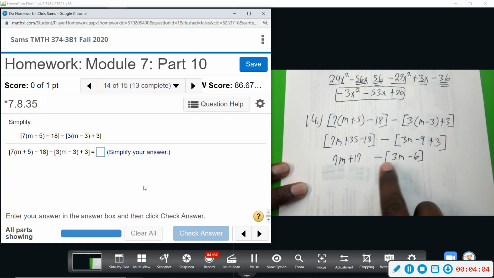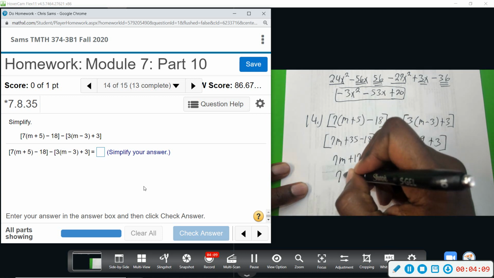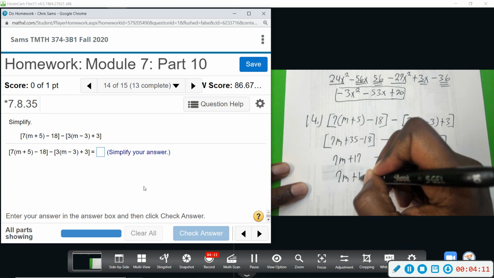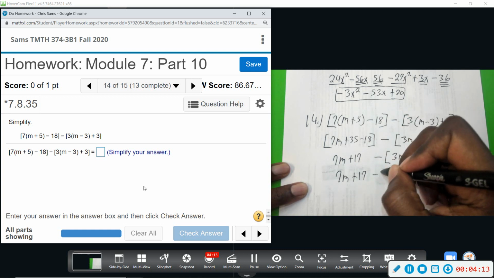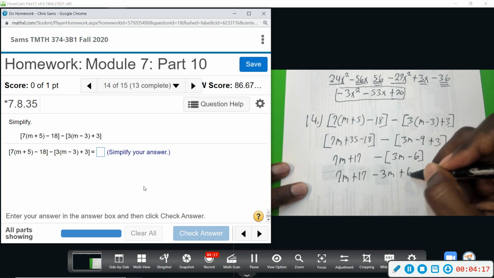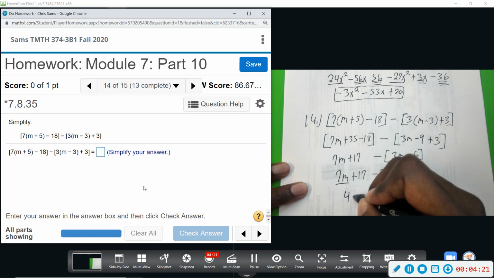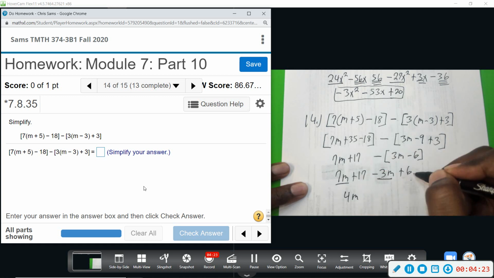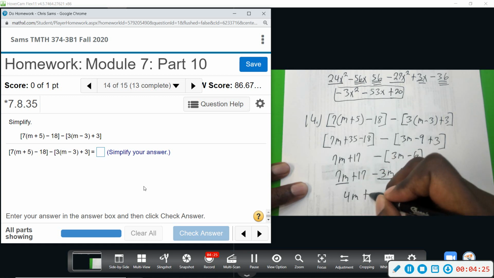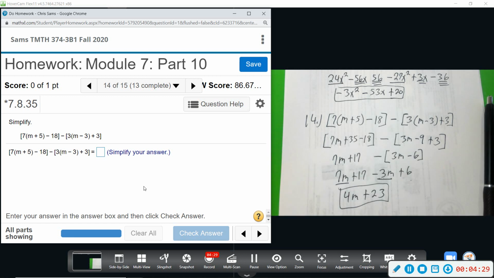And then I can distribute a negative, change those signs, so I have 7m plus 17 minus 3m plus 6. Like terms will give us 4m, and then add, and that will give us 23. So 4m plus 23.